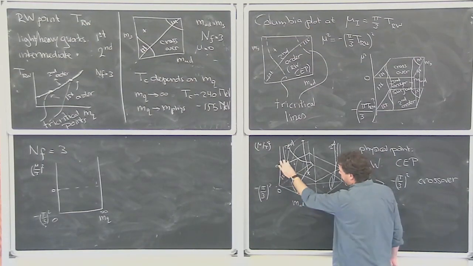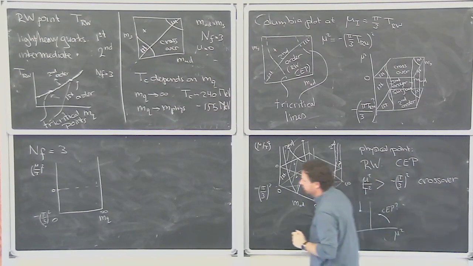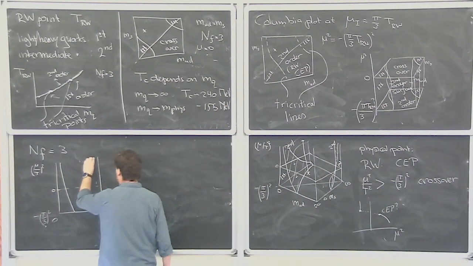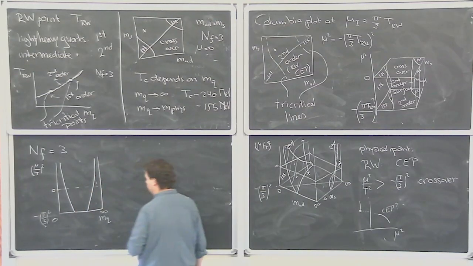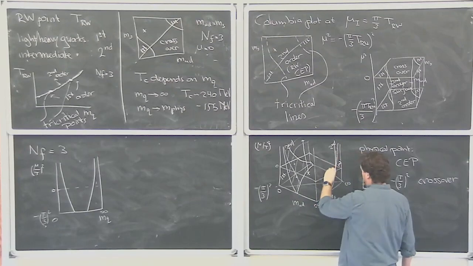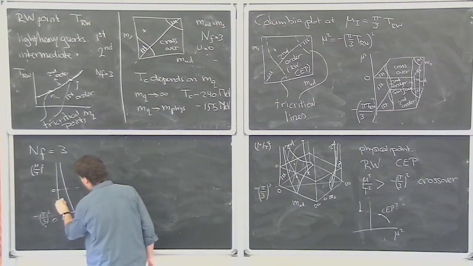I have this first order region for small quark masses and for large quark masses. So I have these lines here essentially like this. So these are these lines here on this surface. And so to the left and to the right is first order.